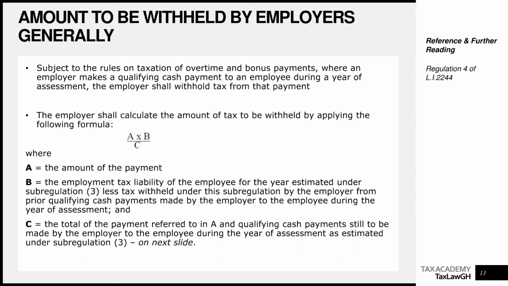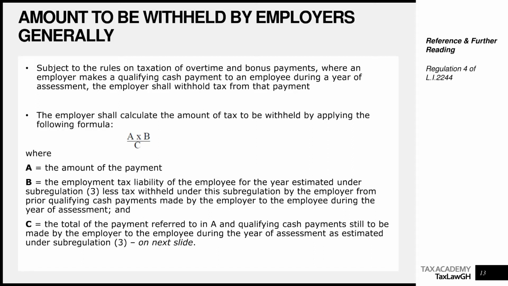We're saying the employer is required to calculate the amount of tax to be withheld by applying the following formula: A times B over C, where A is the amount of payments the employer is making to you, and B is the employment tax liability of the employee for the whole year, estimated under sub-regulation 3, which we looked at in the last part of the video before this one.